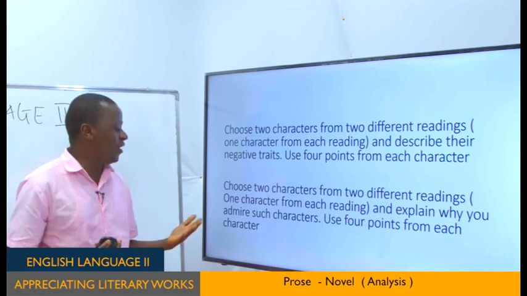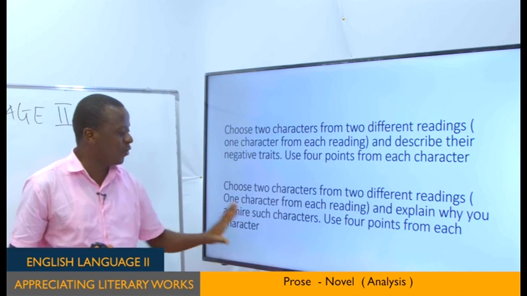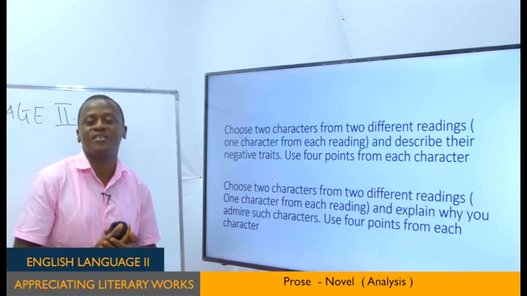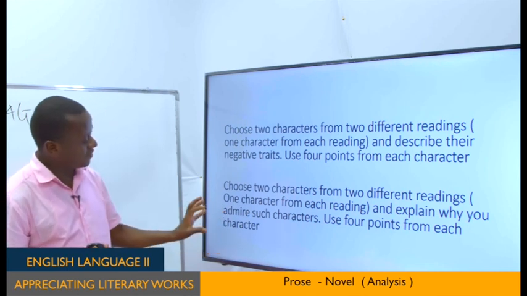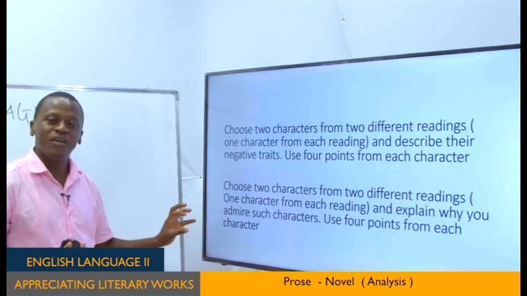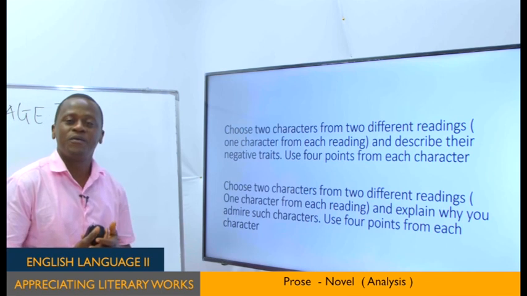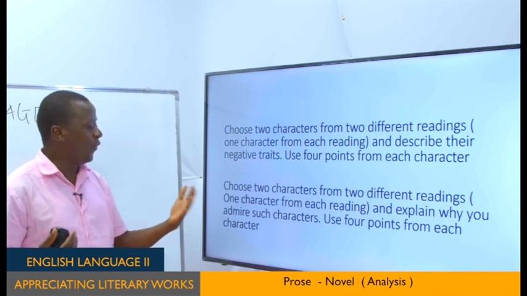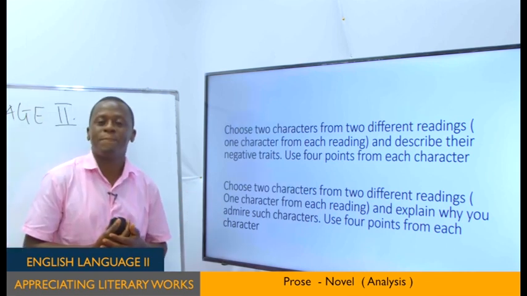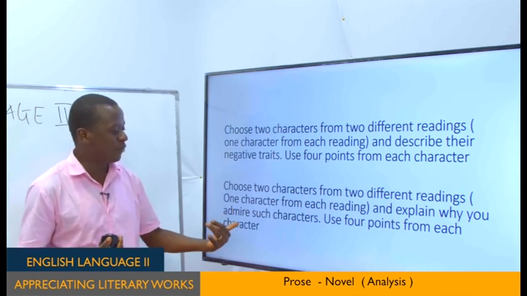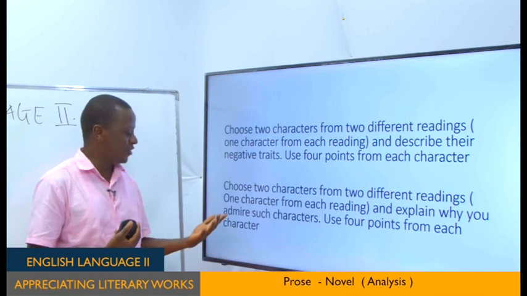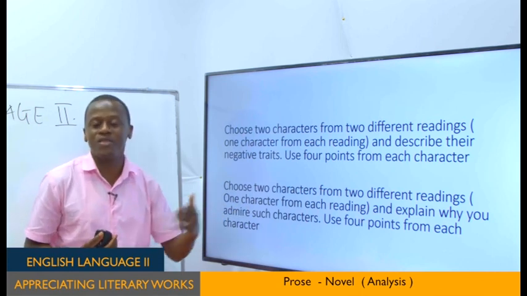And of course, you'll be admiring such characters because of their positive traits. They are displaying acts which give you pleasure, and you wish to learn from them, or you call upon the society to learn from such characters because you are admiring them.